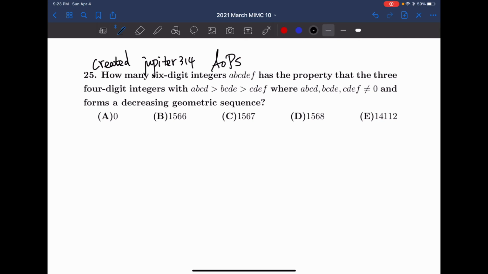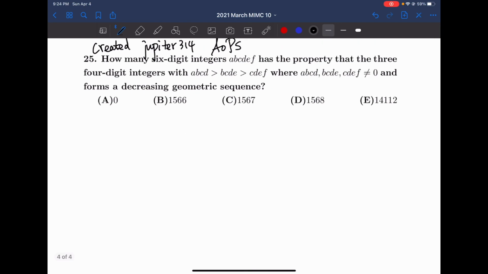Let's get started. In this problem, we notice that the first 3 digits are especially important, and the third digit must be rather small. So the third digit can be 1, and the common ratio could be 2, so that would be 1, 2, 4.